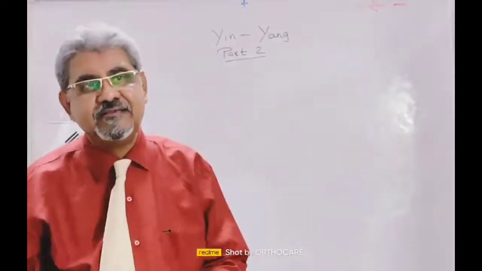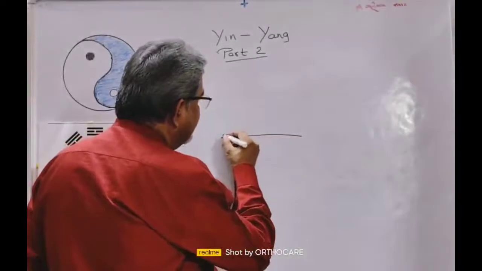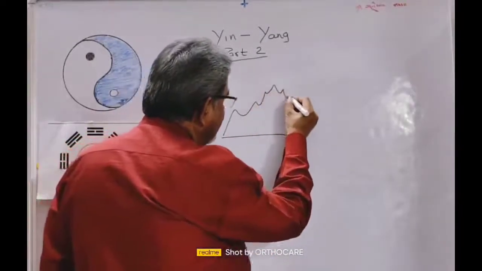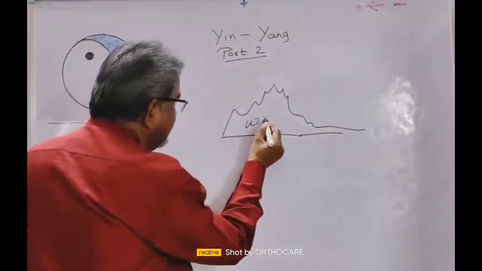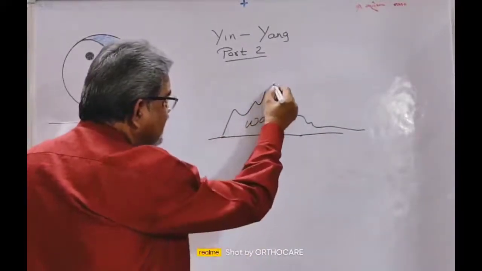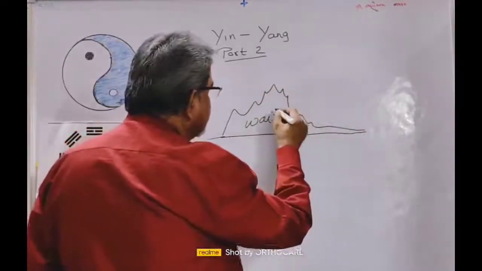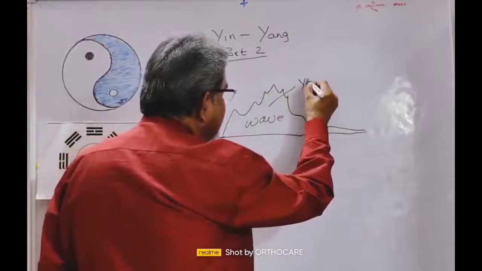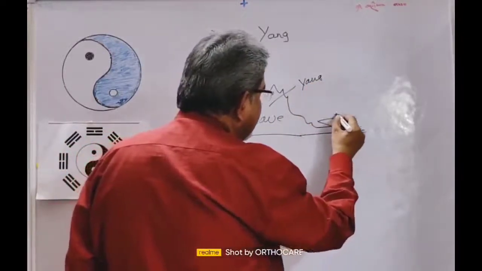I'll give you an example of a wave. So this is a wave which rises from the water, it goes up and then it goes down. This is said to be yang, this is said to be yin.